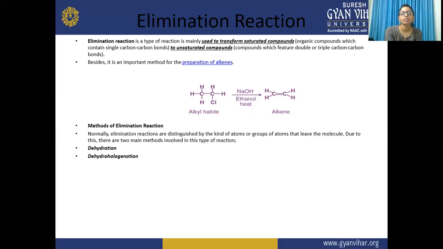Now the methods of elimination reaction. Normally, elimination reactions are distinguished by the kind of atom or group that leaves the molecule. Due to this, there are two main methods involved in this reaction.